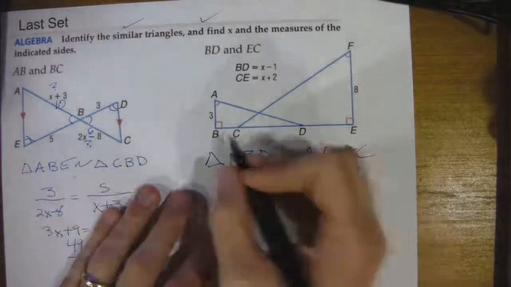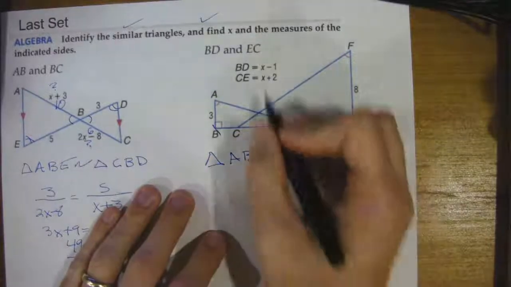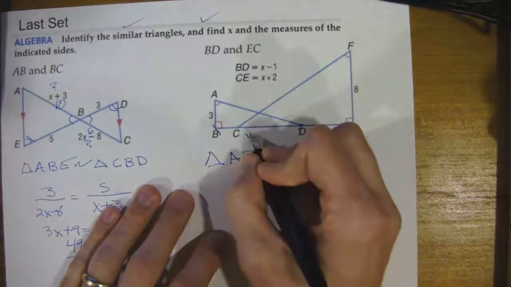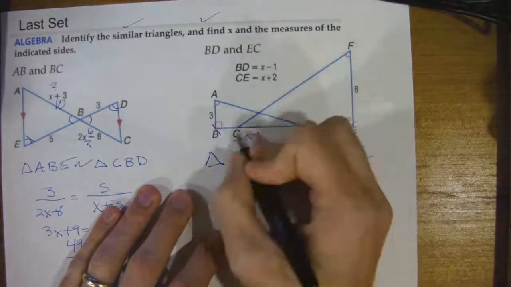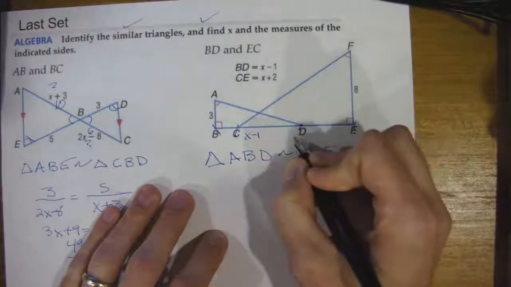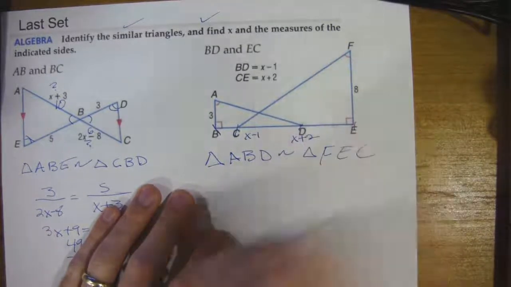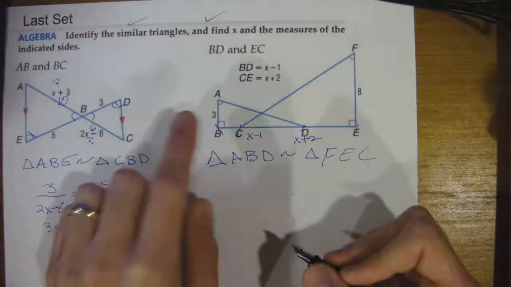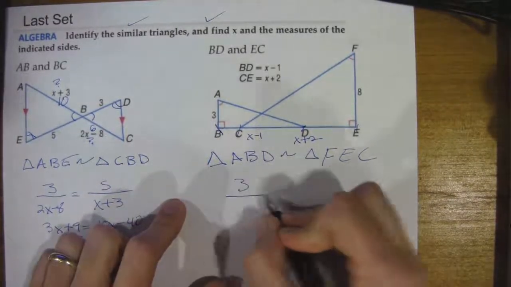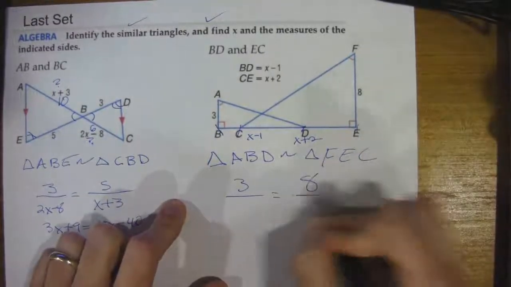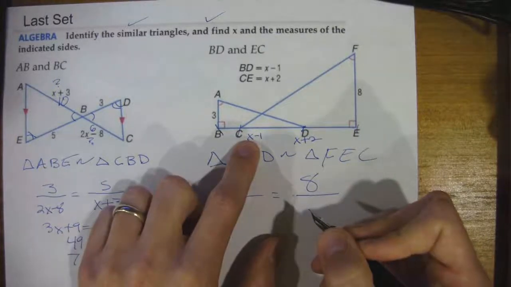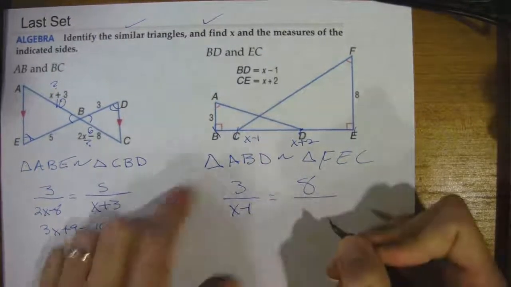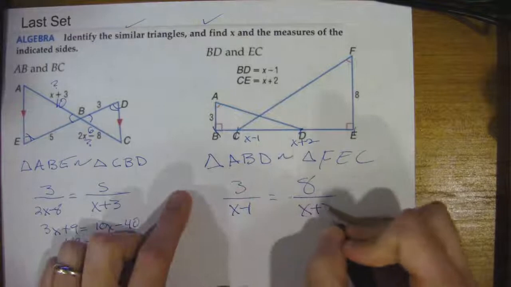I know that BD is x subtract 1, and I know that CE is x added to 2. Wonderful. So let's set up our proportion. I know that 3 will match up with 8, and I know that x subtract 1 matches up with x added to 2.